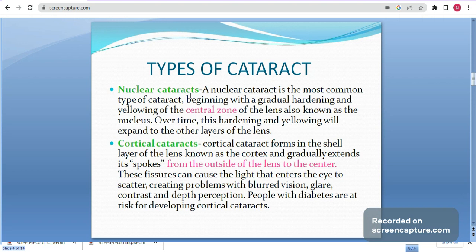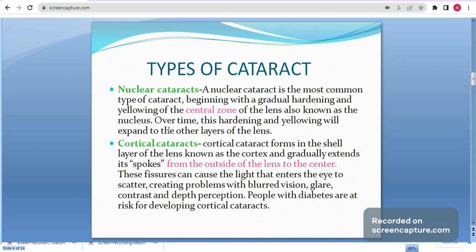We should also discuss that the lens is a circular structure, and it has an outer coverage and an inner area. The inner central part is called the nucleus. The nuclear cataract is the most common type of cataract, beginning with a gradual hardening and yellowing of the central zone of the lens, the nucleus.